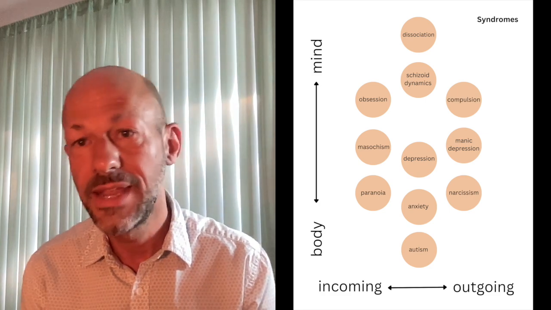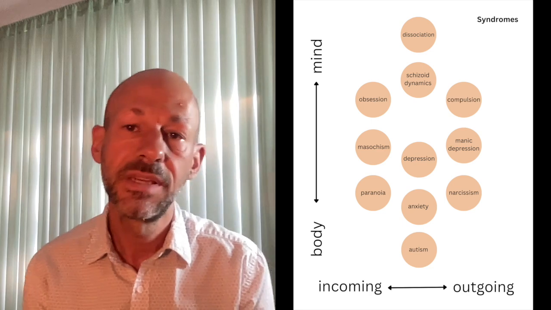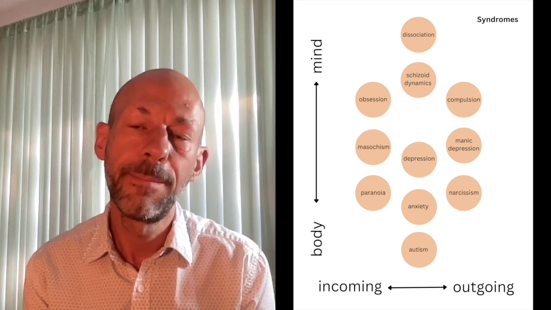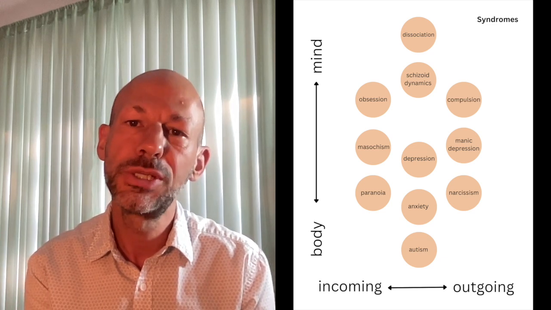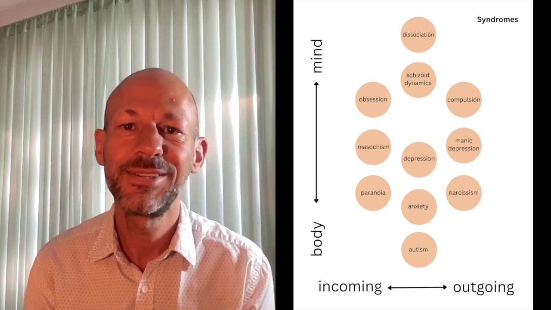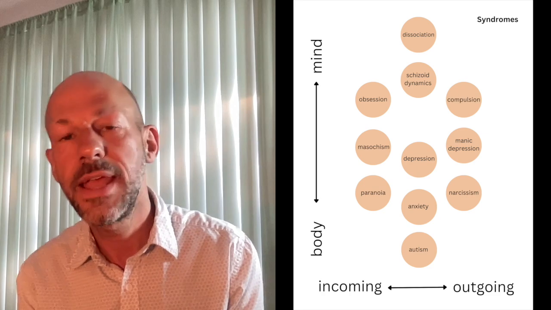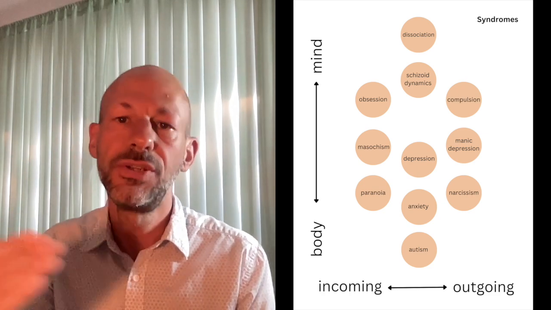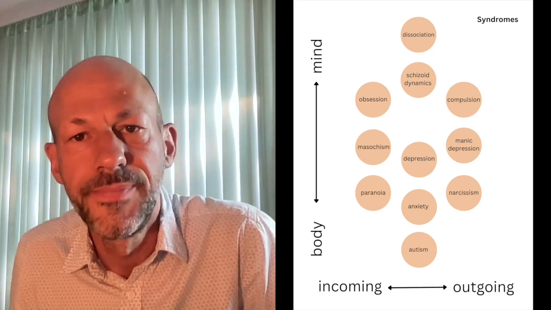And then on the left-right axis here, the ones all the way on the left as you're looking at the chart are more receptive orientations. The energy is, you could say, incoming with respect to the person. And on the right, it's the more outputting type issues. Okay, the ones in the middle are balanced between those two.